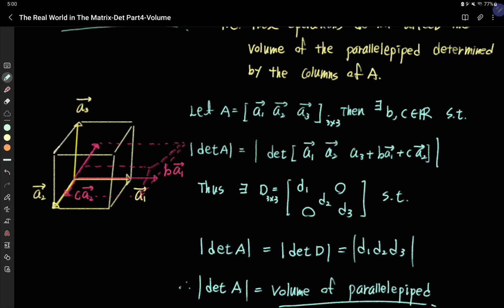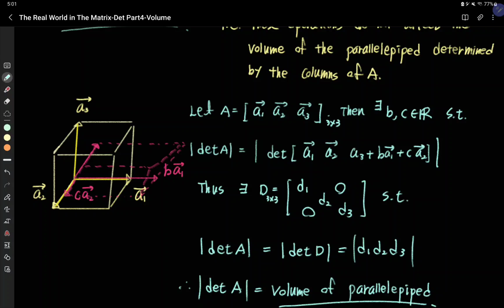So what does that mean? It means that we can apply row operations or column operations, and this can be transformed to the diagonal matrix, the reduced echelon form.